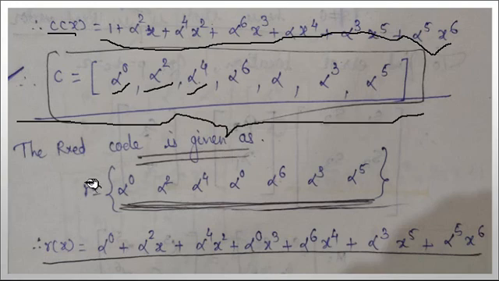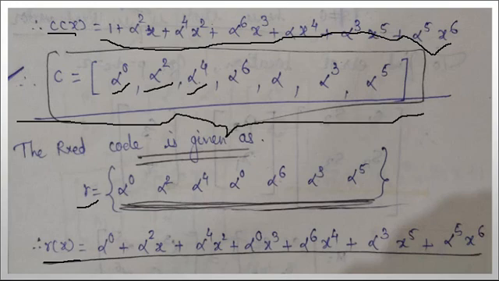So here R is given. For the first case, R is given as alpha raised to 0 till alpha raised to 5. Now we will just represent this R with respect to R of x. For representing it, alpha raised to 0, x raised to 0, alpha square x, then alpha raised to 4 x square. This is how the entire R of x can be obtained.